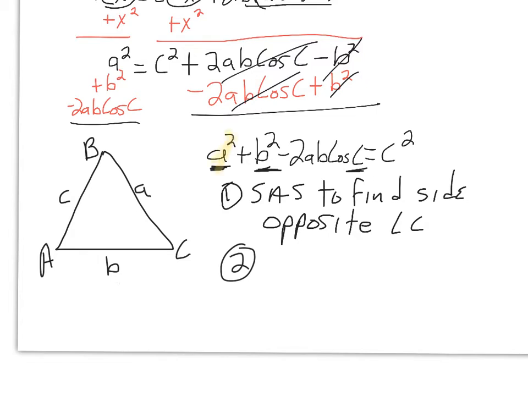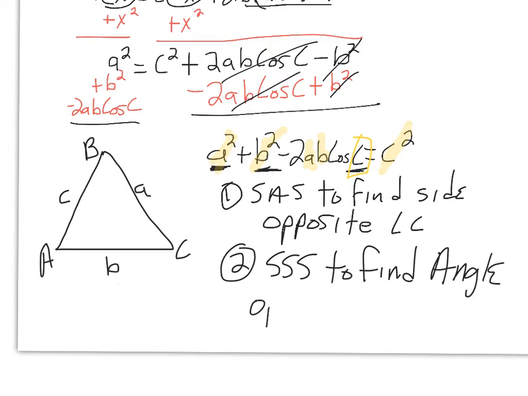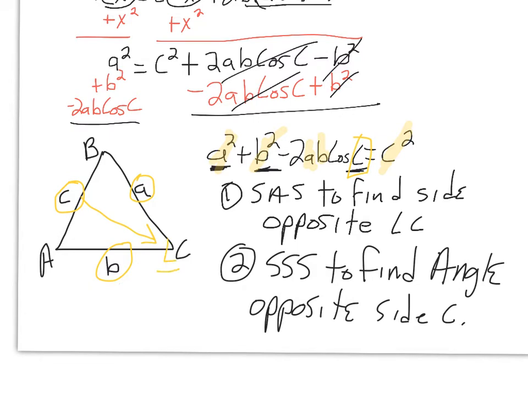So if I've got sides A, B, and C, I can plug those values in and calculate the unknown angle C. We call this, when you're given the sides, finding the angle opposite side C. So if I am given side C, side B, and side A, I can plug those in my formula to find angle C.